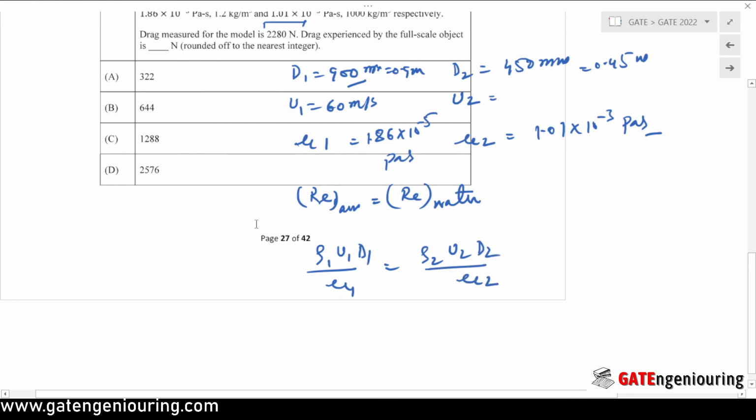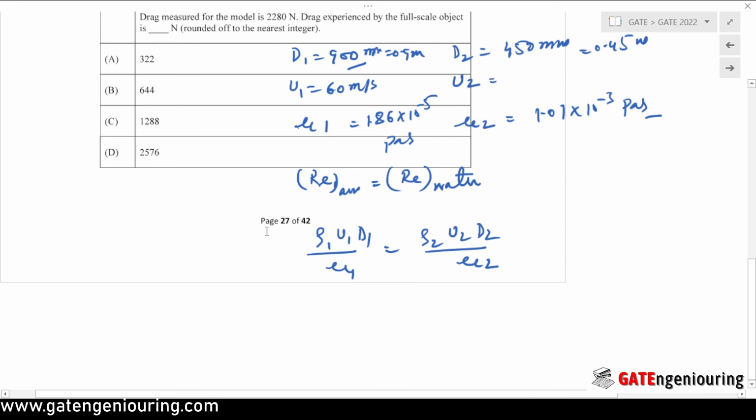If we solve it and put in the values, you will be getting the value of u2. So u2, which is the velocity of the flowing water, you will be getting around 7.819 meter per second.